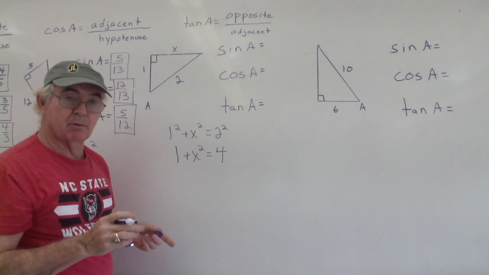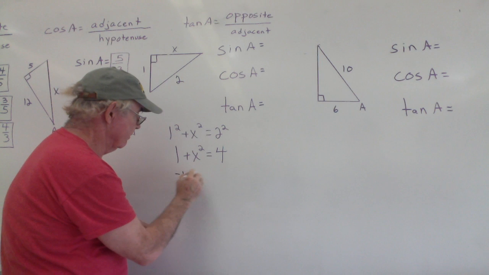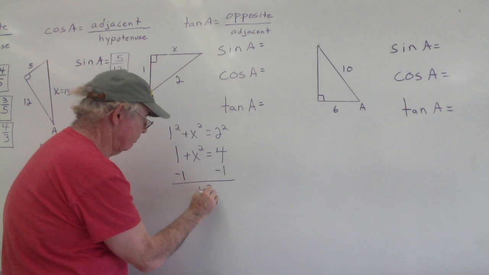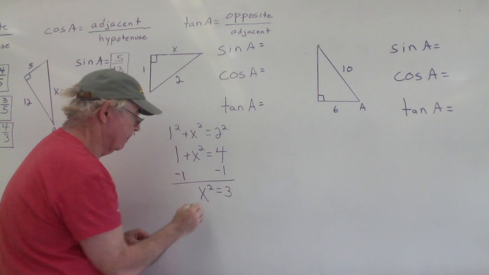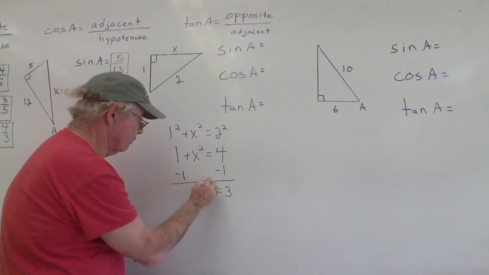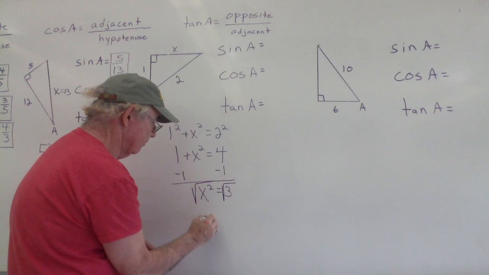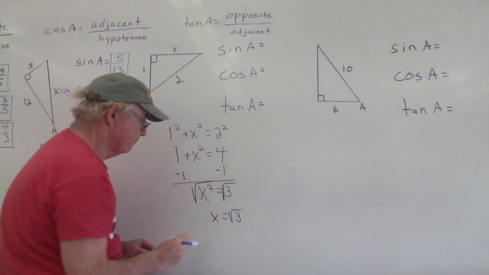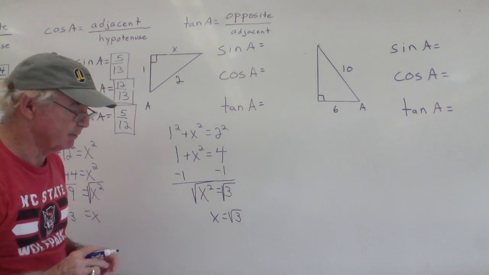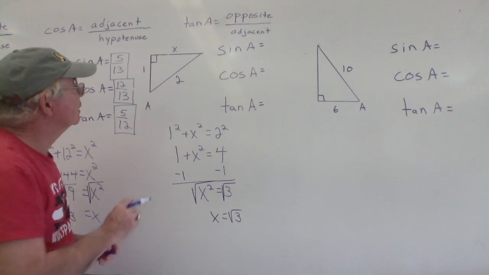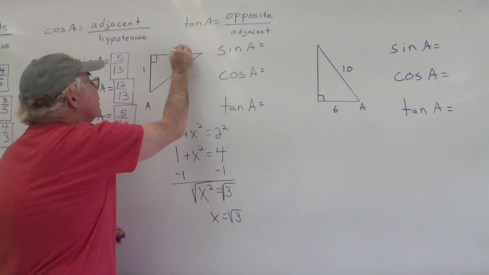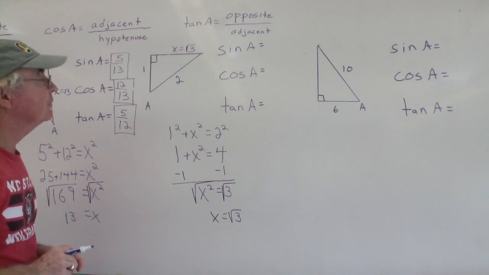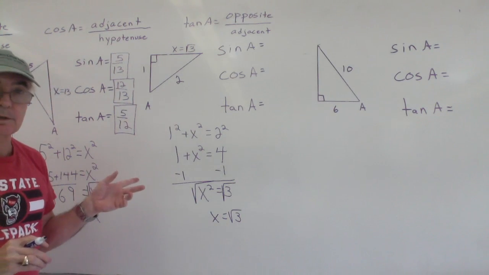And then if we subtract the 1 from both sides, we will get x squared to be 3. And upon taking the square root of both sides, we'll get x to be the square root of 3. Now, the square root of 3 is not a perfect square, so we'll just write the square root of 3.